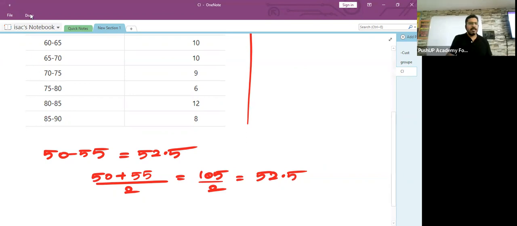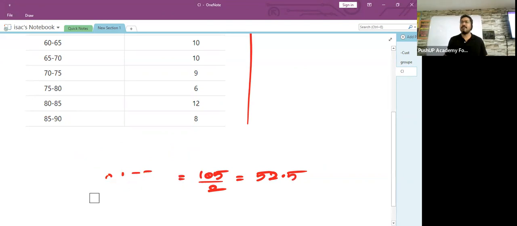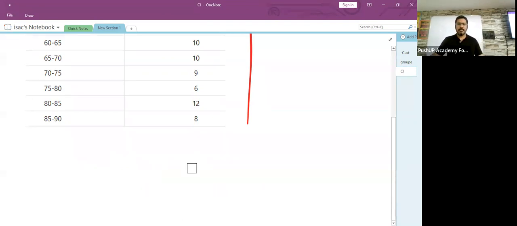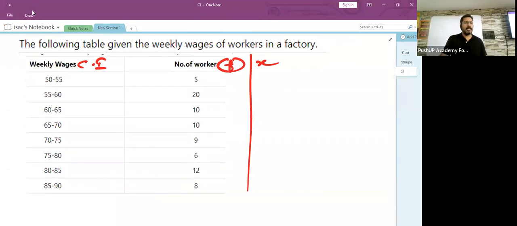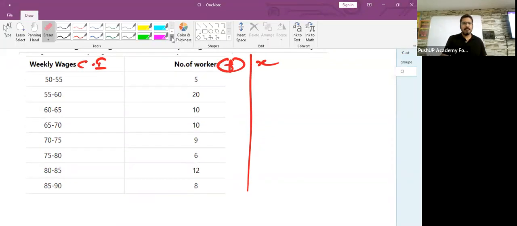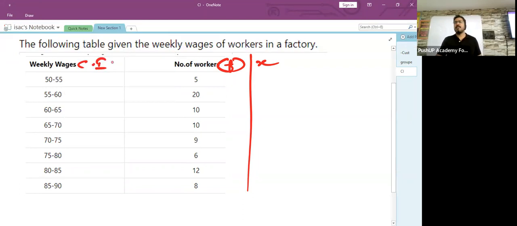But I will never recommend you to do these calculations. It's a wastage of time. If you are not good with mental maths, become good. 50 to 55, the mid value is 52.5. 55 to 60 is 57.5. 60 to 65 is 62.5.